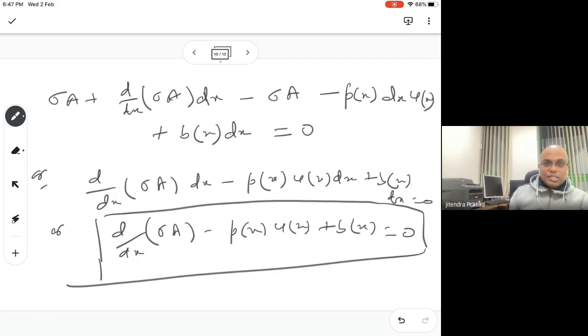Any questions, guys? So this is what the strong formulation will be, and you know that sigma is equal to E du over dx. So you can write accordingly.